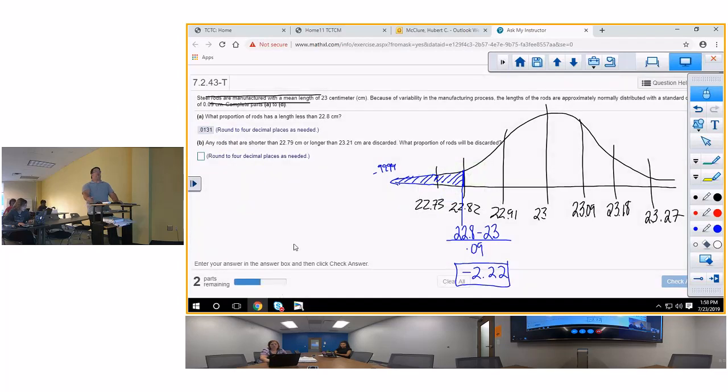Okay, y'all do this one. Any rods that are shorter than 22.79 or longer than 23.21. I'm going to take all this off.